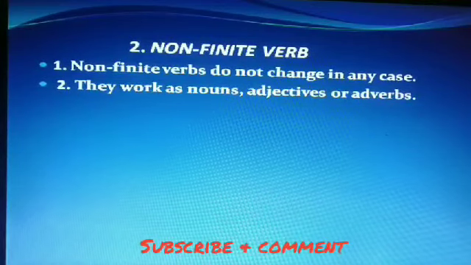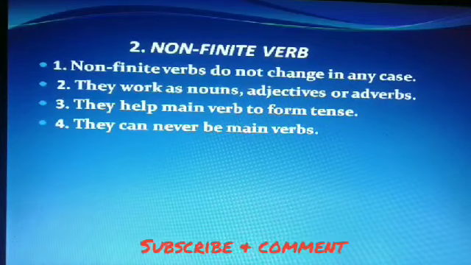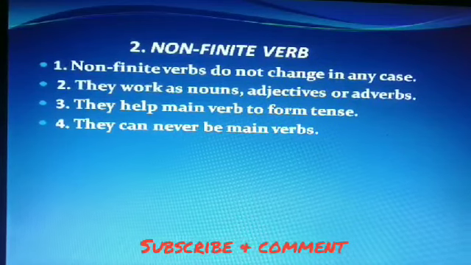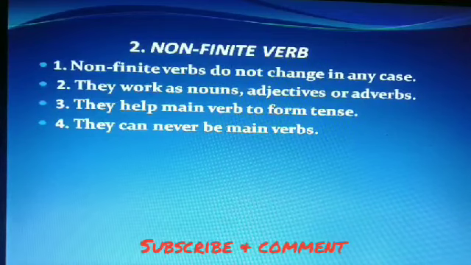Sometimes they help the main verb to form tenses. Then those non-finite verbs are helping verbs. They can never be main verbs when used alone in a sentence.